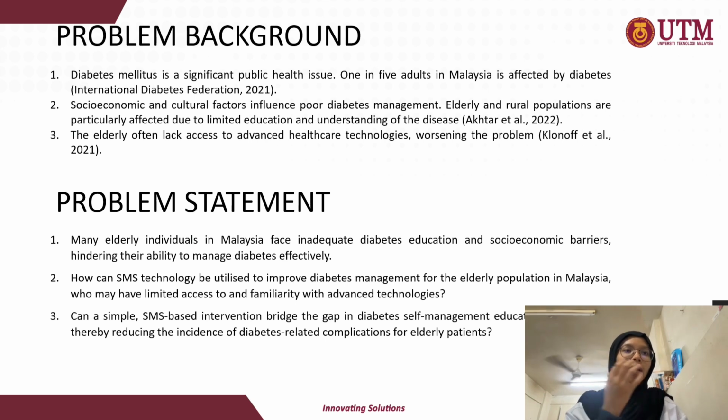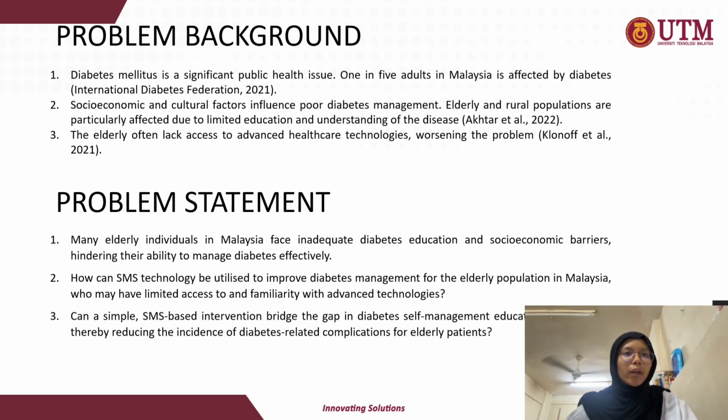So elderly and rural population are particularly affected due to the limited understanding of this disease. And why I focus on elderly in Malaysia is because the elderly often lack access to advanced healthcare technologies. So this worsens the problem.